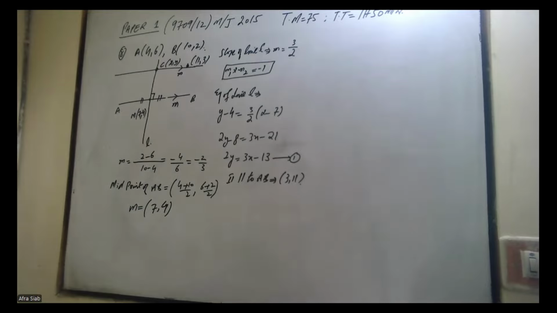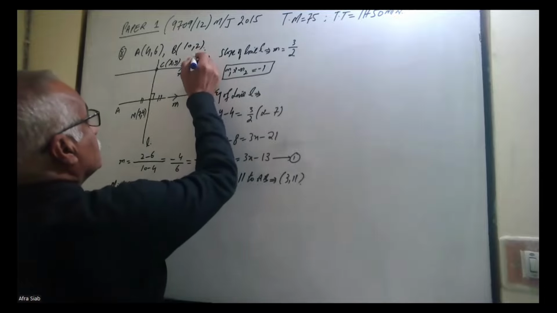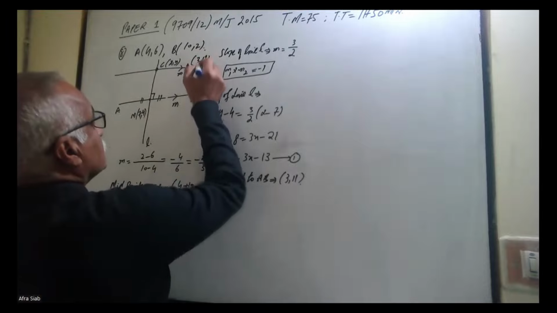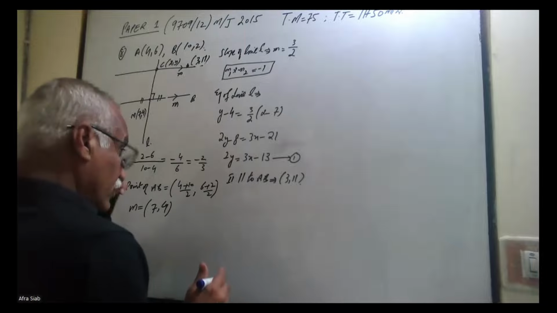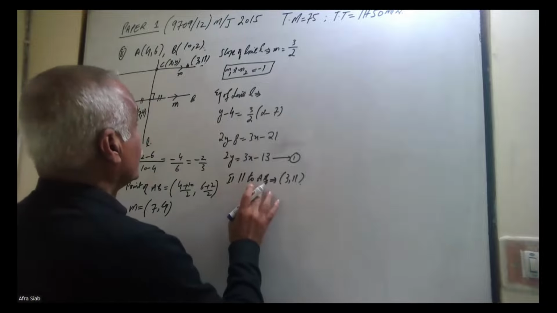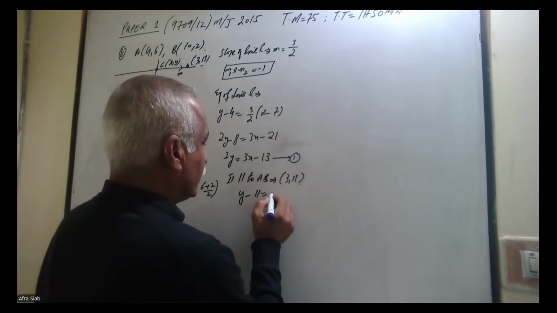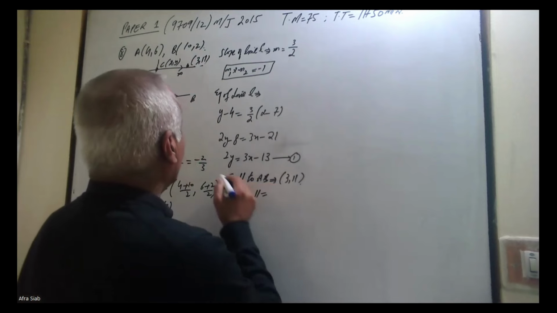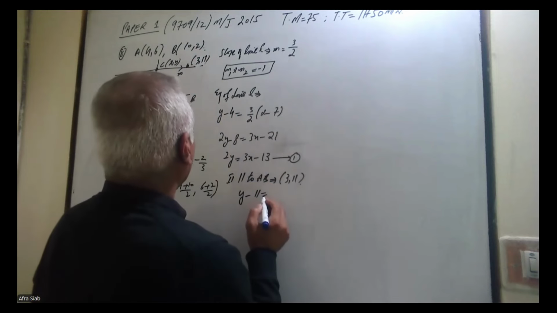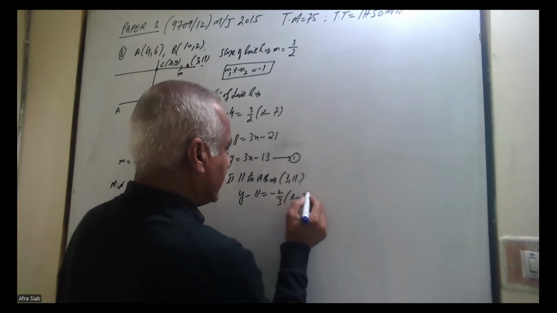Since this is the line passing through the point 3 and 11, we know the equation of this line parallel to AB. So y minus 11 equals, with the same slope of minus 2 by 3, times x minus 3.